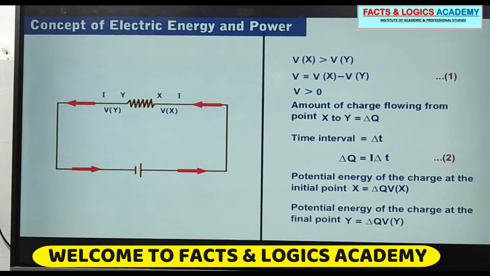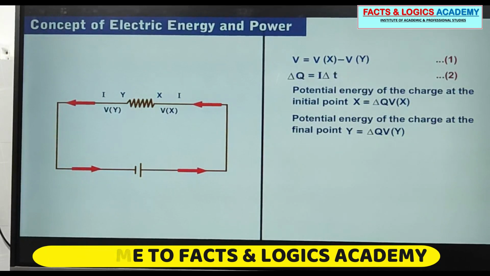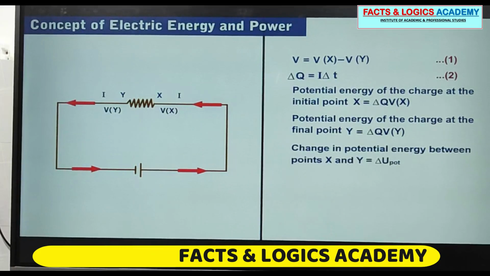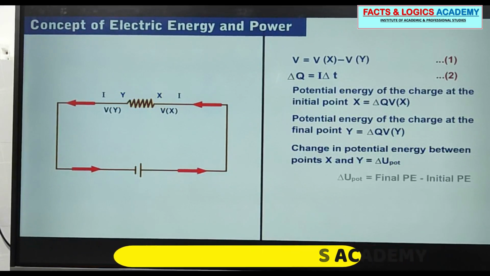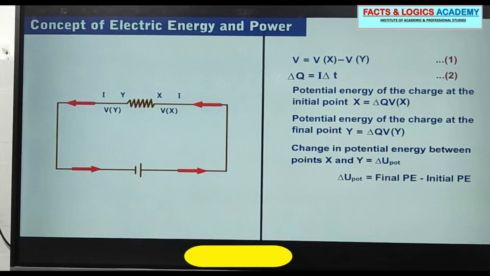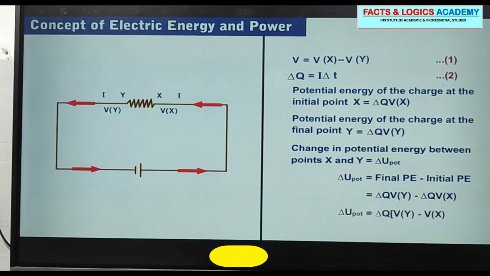The potential energy of the charge at point y is delta q Vy. A change in potential energy between points x and y is expressed as delta U potential, which is equal to final potential energy minus initial potential energy, which is equal to delta q into Vy minus Vx.